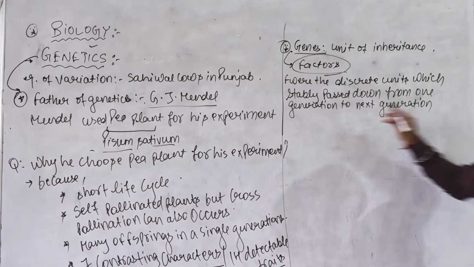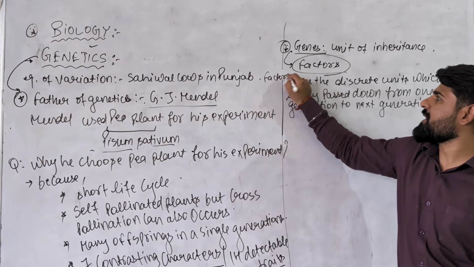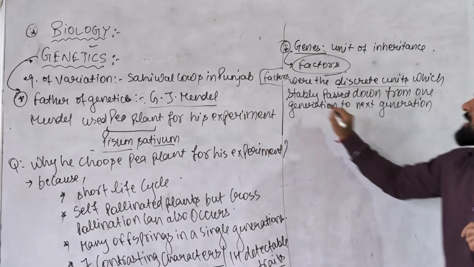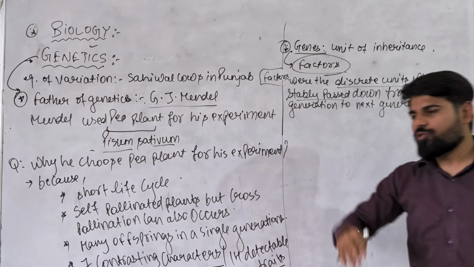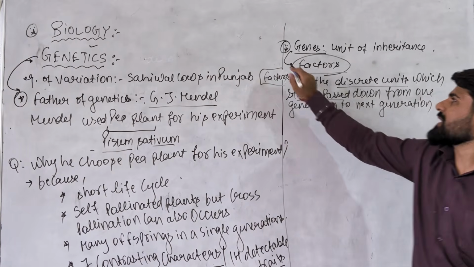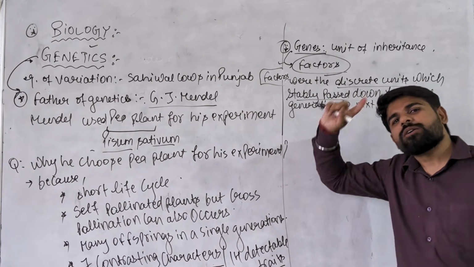So according to Mendel, factors were the discrete units which stably passed down from one generation, from parents to the new offspring, from one generation to the next generation. That term was called factors, and factors later called genes.